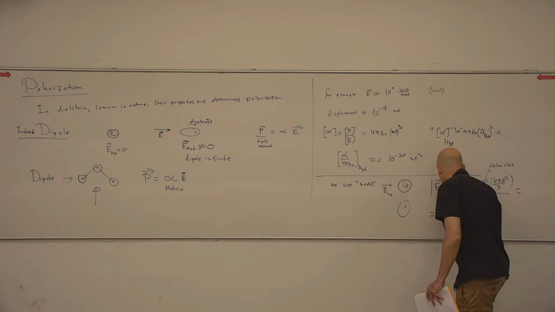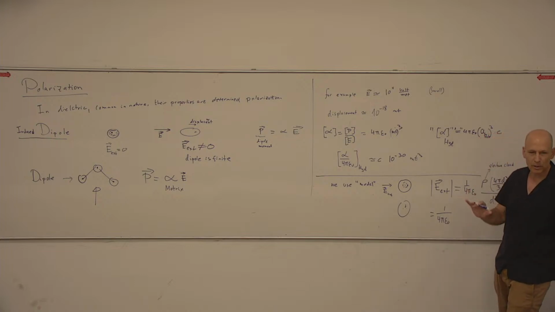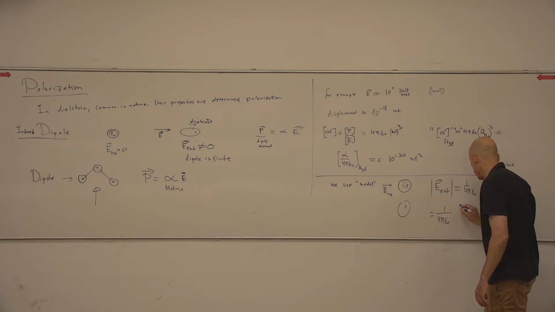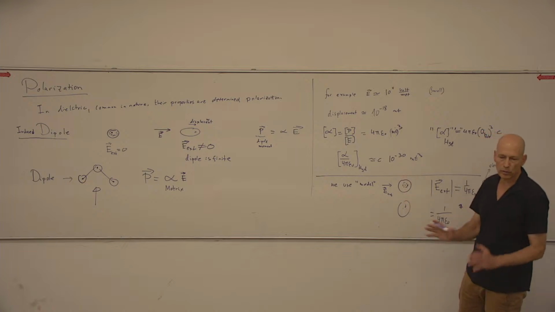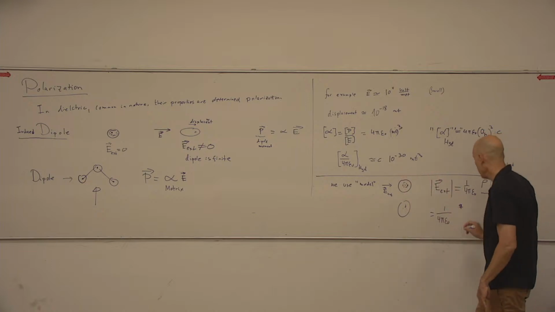So this rho is 1 over 4 pi epsilon 0. So what is rho? The simplest thing you can imagine is the charge divided by this volume. And let us assume it's a uniform charge, just to simplify things even more.